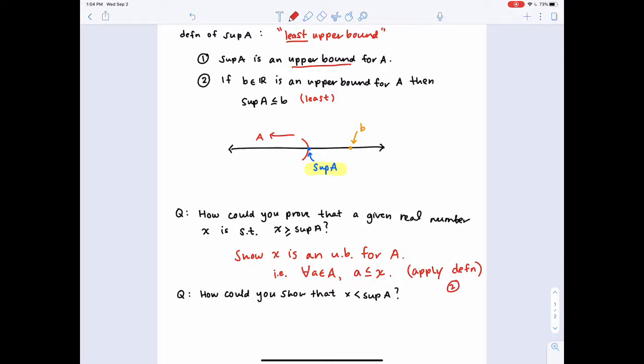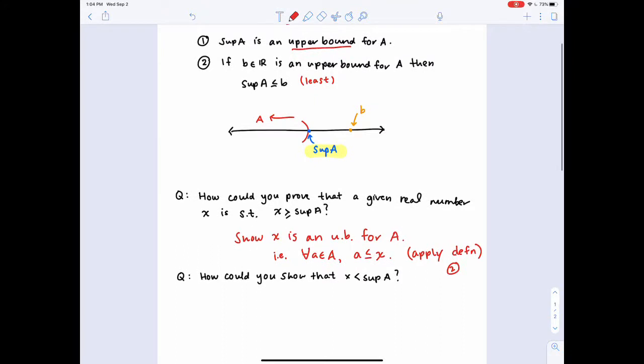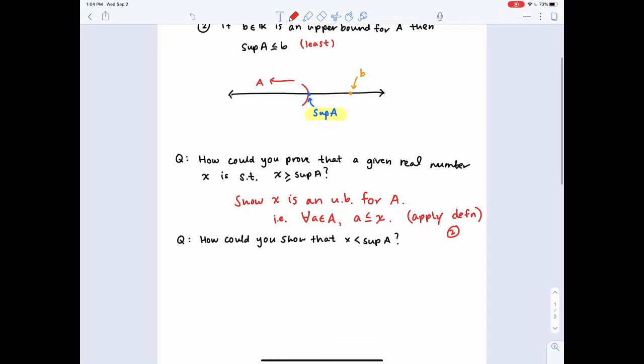So then alternatively, if you wanted to show that x was less than the supremum, you could show that x is not an upper bound, because if x were an upper bound, then I would have found an upper bound smaller than the least upper bound, and that contradicts sup A being least.